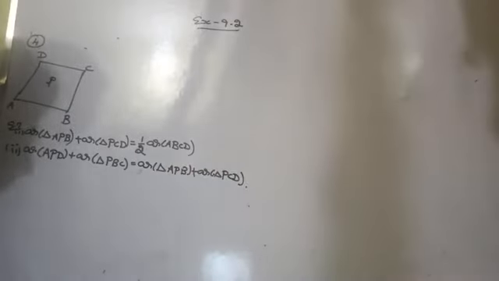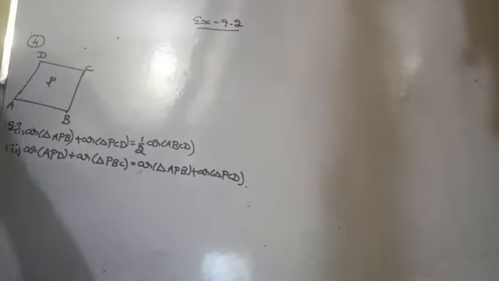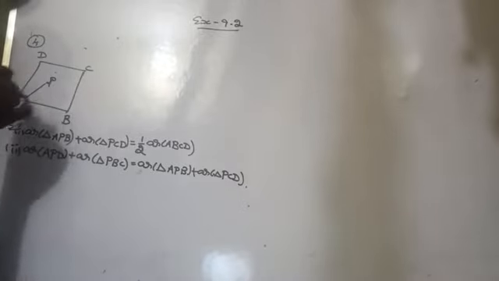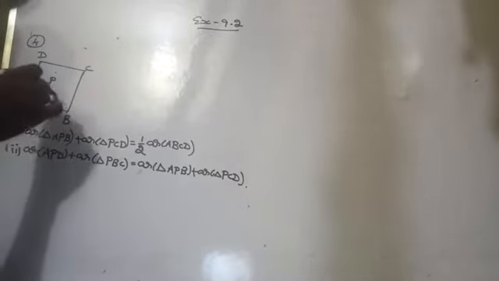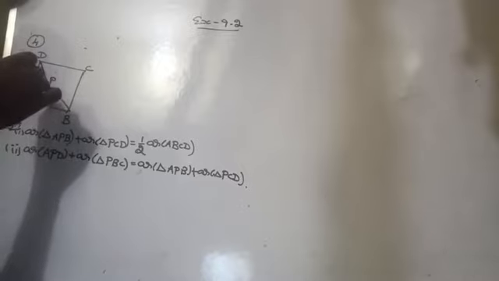So two things you have to prove. The first thing is area of triangle APB plus area of triangle PCD equal to half of area of ABCD. In the second part you have to show that area of triangle APD plus area of triangle PBC equal to area of triangle APB plus area of triangle PCD. Now by construction, join AP and PB and then PD and PC.